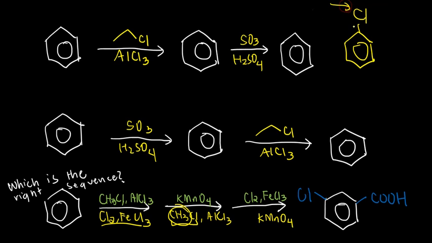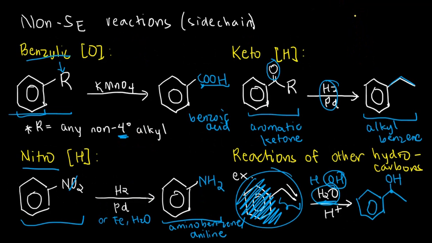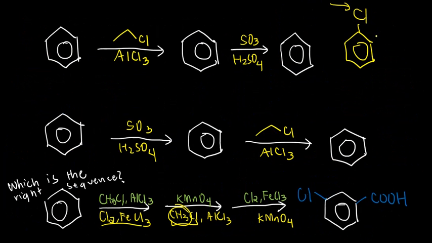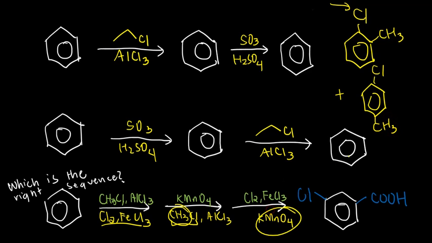What type of director is a halogen in the first place? Oh wait, that's right. A halogen is ortho-para, meaning that I'm going to put my CH3 ortho and I'm going to put the other product para. And all KMnO4 would do is to just convert those CH3s to COOH.